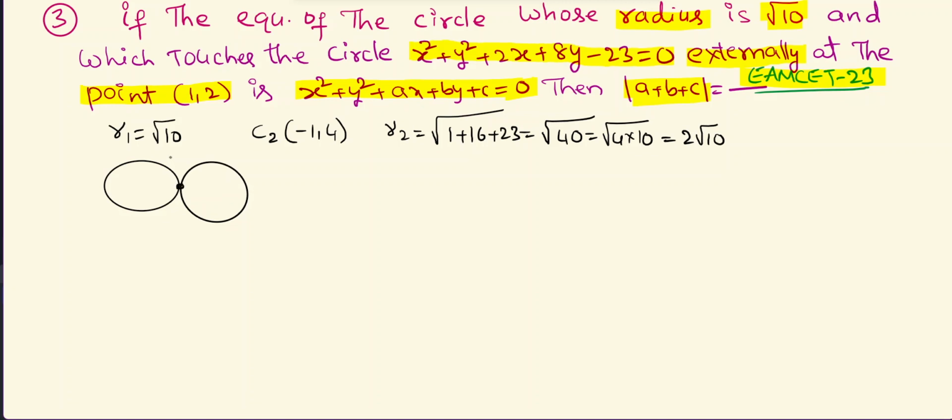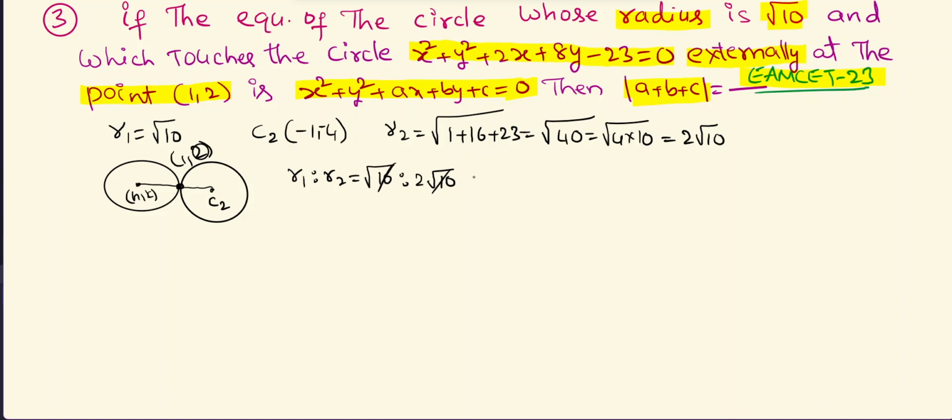This point is given, this is (1, 2). The center of the first circle is taken as (h, k), and the radius is given, this is root 10, and C2 is (minus 1, minus 4). That is R1 is to R2 is equal to root 10 is to 2 root 10.